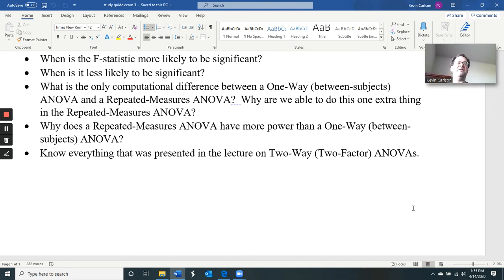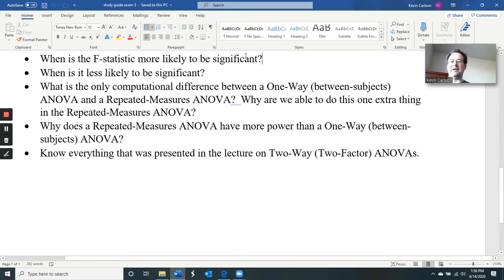So the effect of the IV is greater than the stuff that we don't know. And in one-way ANOVA, I'm okay if you answer this with a one-way ANOVA, because that's really from your homework, is in the one-way ANOVA, the variance between the groups, the color groups, red, green, blue, those groups are differing more than people differ within the groups themselves. So how people just naturally vary.